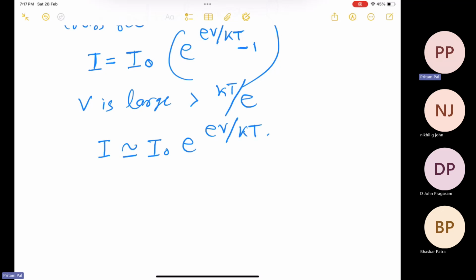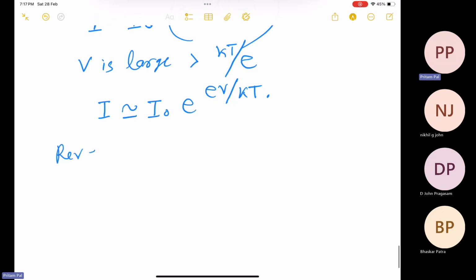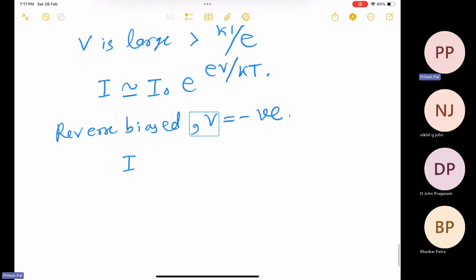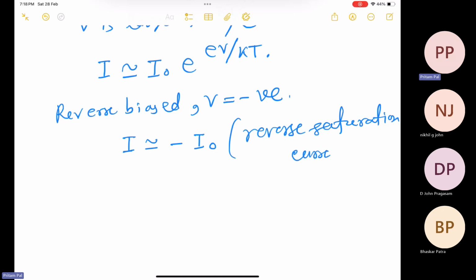Okay, this is for forward bias, where it changes exponentially. For reverse bias, in a PN junction, your V is negative, and I will be approximately minus I naught, which is called the reverse saturation current.